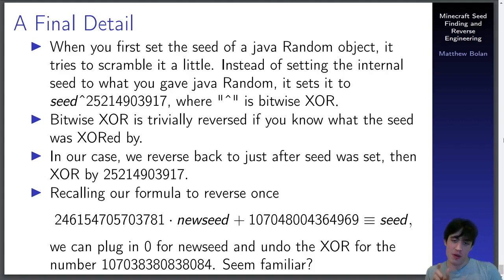Okay, so if we put in 0, we get multiplied by a massive number, we got 0, we add it, and we get that massive 107 trillion number as our seed just before the seed 0. And then if we take that seed just before the seed 0, we can XOR it by what JavaRandom XORs it by to get the number that we need to feed JavaRandom, which is this bottom 107 trillion 38 billion.